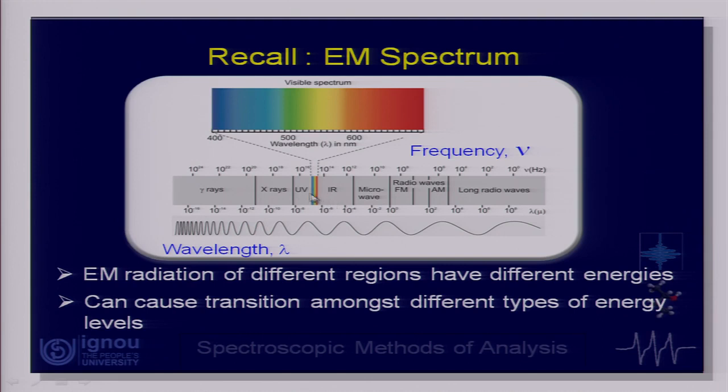Similarly, visible and UV can excite the molecules electronically. So, essentially, radiations of different regions of the EM spectrum can cause a variety of transitions in molecules, and that is the main focus of spectroscopy.